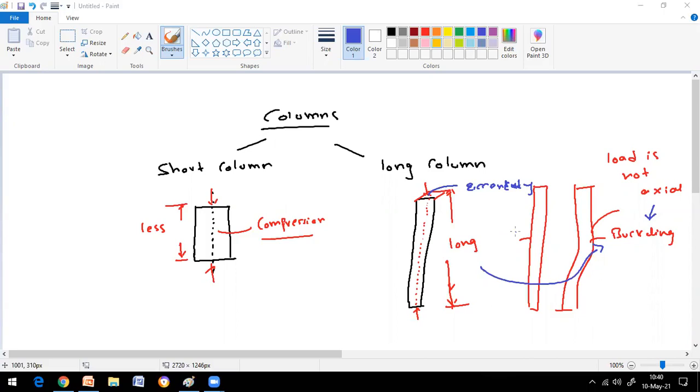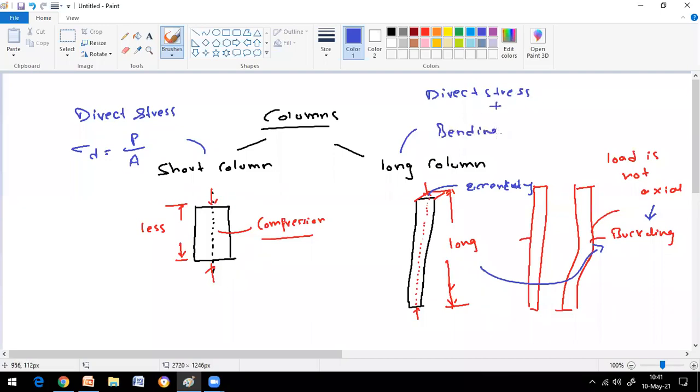So here in short columns there will be only direct stress, which is load by area, but in the long columns there will be direct stress plus bending stress, which is load by area plus M by Z.